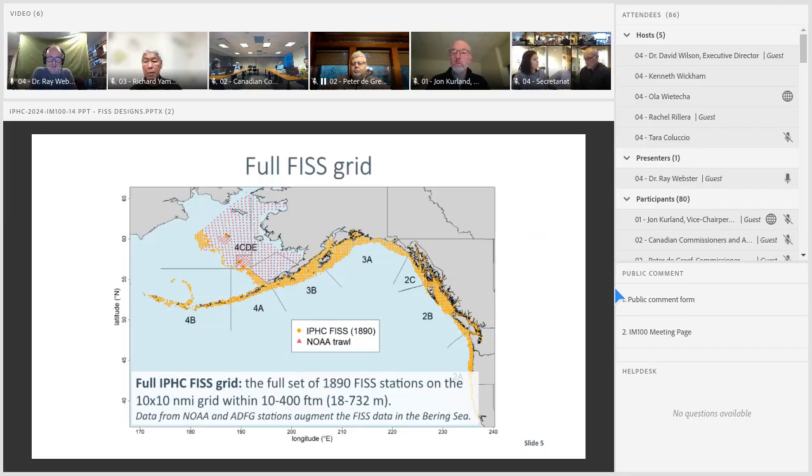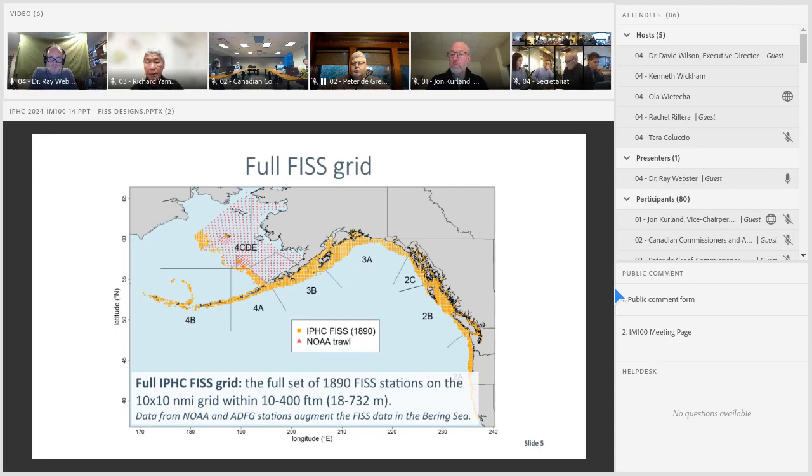This is the full FIS grid of 1,890 stations in orange, ranging from Northern California out to the Western Aleutians and the Bering Sea shelf edge. It's on a 10 by 10 nautical mile grid within the depths of 10 to 400 fathoms.